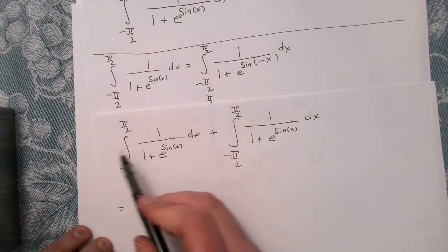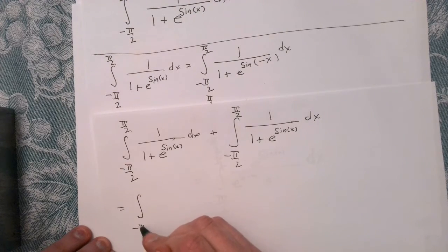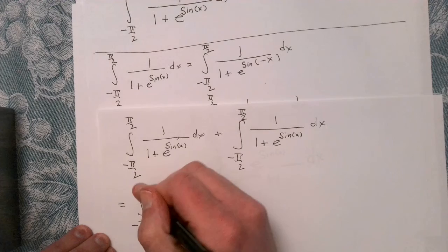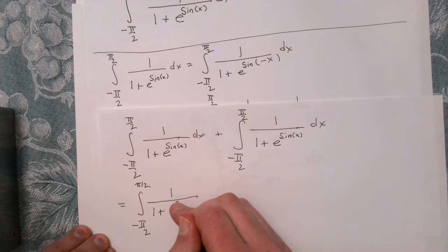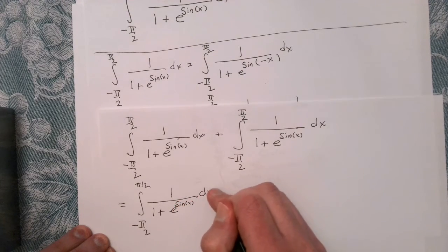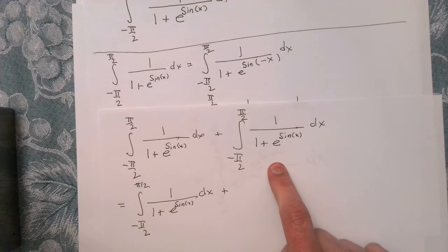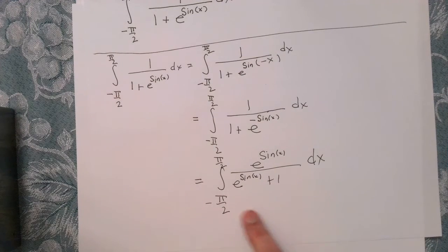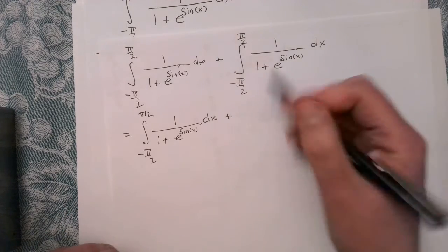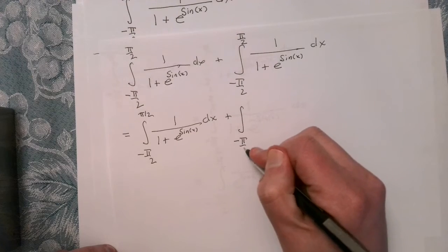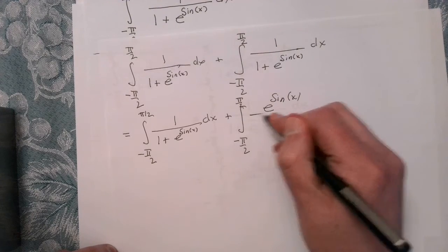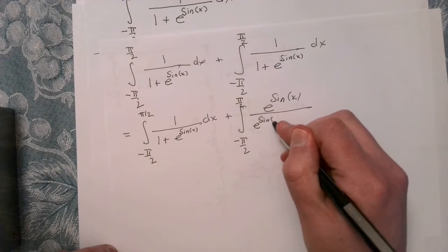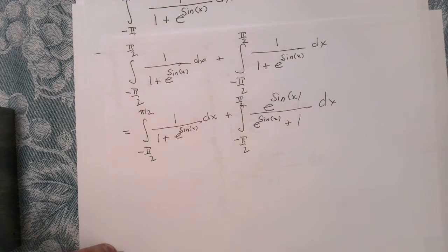This could be thought of as the original integral plus, well, we said that this is exactly equal to this, so I can substitute, right? So the second term I'm going to substitute with exactly this. So that means I've got the integral from minus pi over 2 to pi over 2 of e to the sine of x over e to the sine of x plus 1 dx.